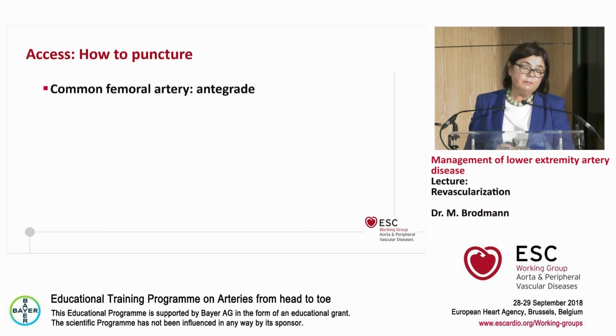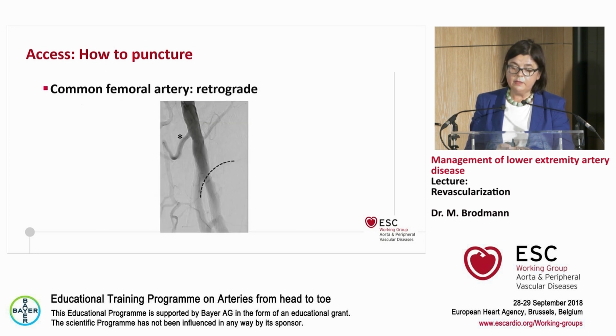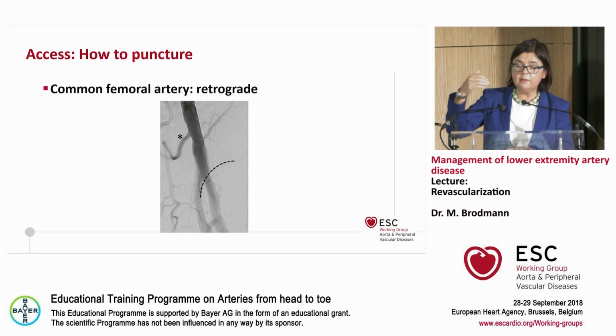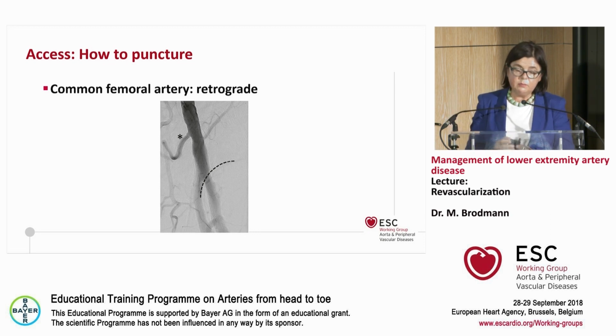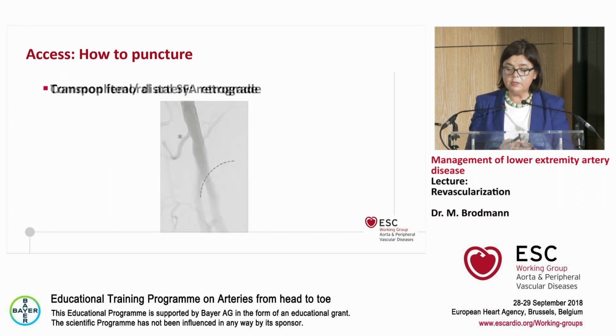How to puncture? Mainly common femoral artery, antegrade, as you can see here. Also retrograde, as you can see here. This is mainly for crossover in obese patients where you need to go to the other side. It can also be tricky because the pelvic arteries are sometimes very kinking or show a kinking, and therefore it's not easy to go from the contralateral approach, but with more and more obese patients, this is one approach how to do it.